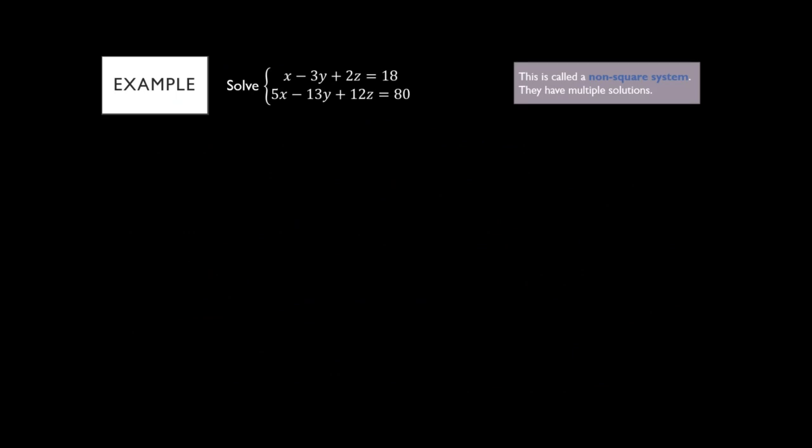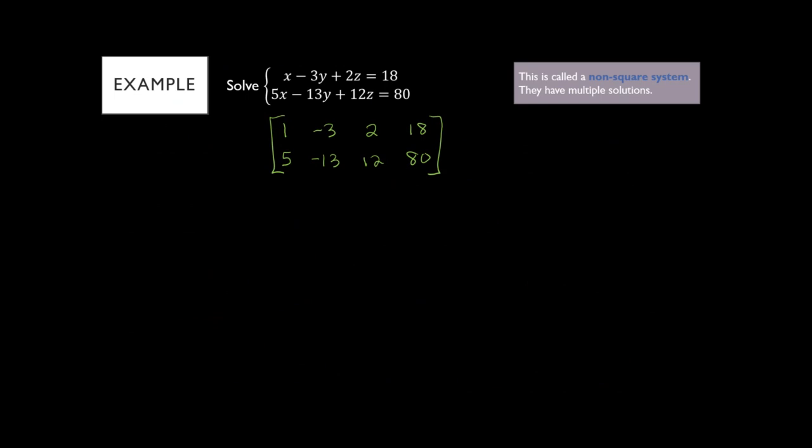So now I'm going to show you guys the non-square system. Non-square just means, we call it non-square because if you put it in matrix form, so we'd have 1, -3, 2, 18, 5, -13, 12, and 80, it forms a rectangle versus a square.